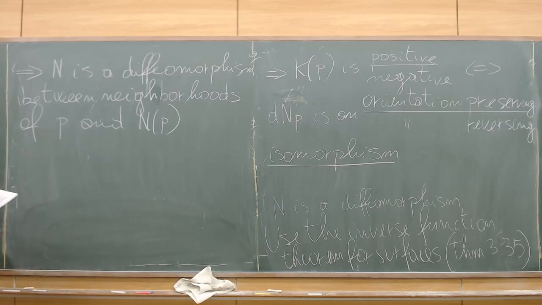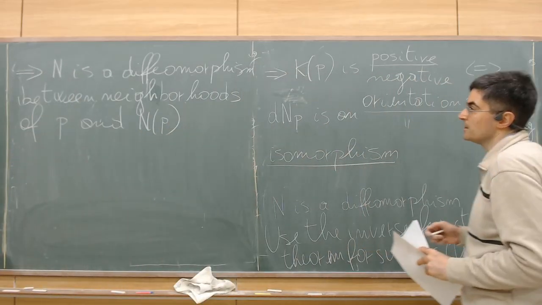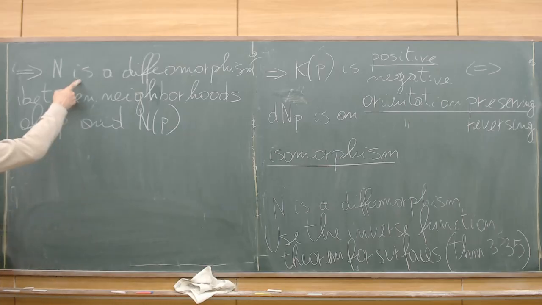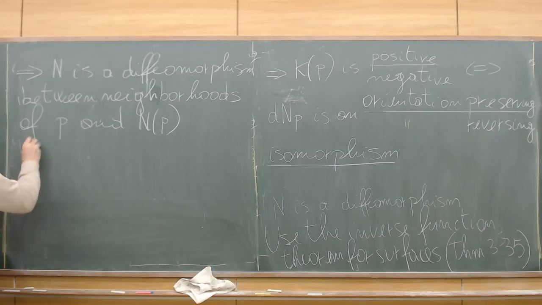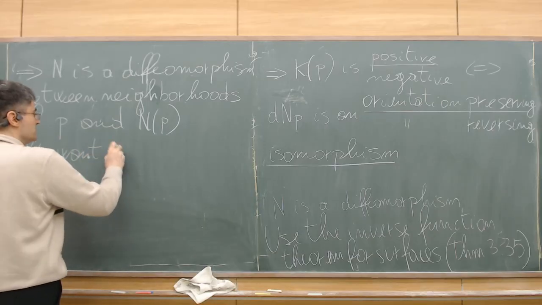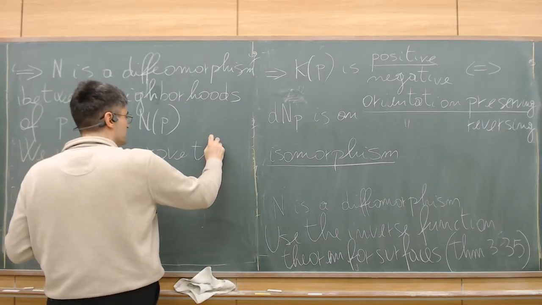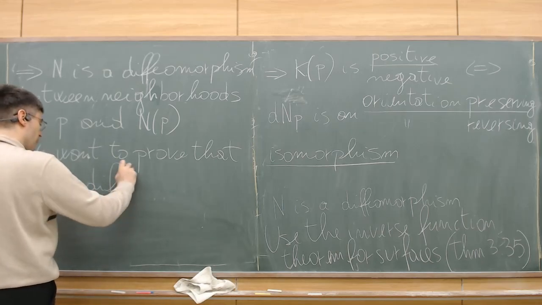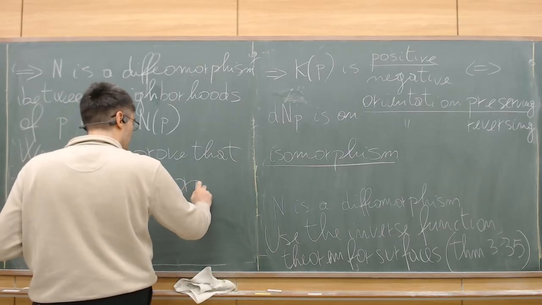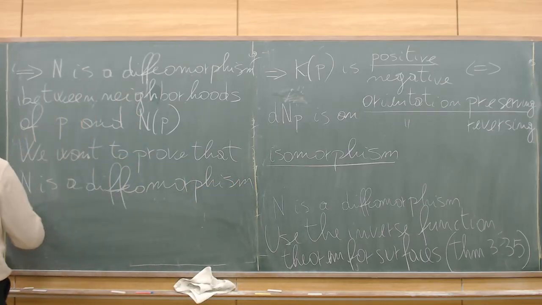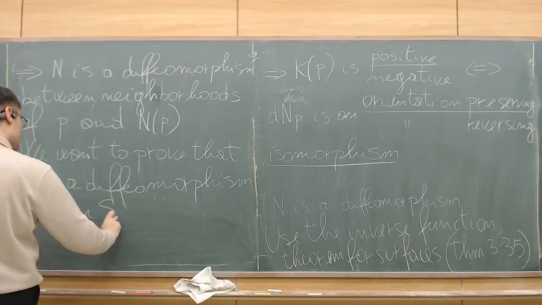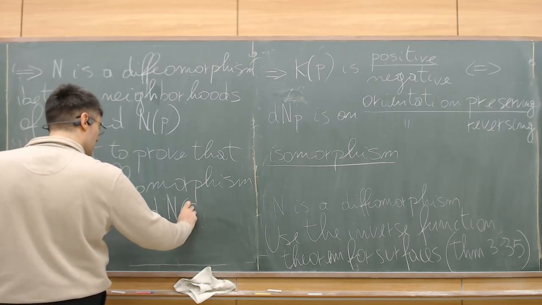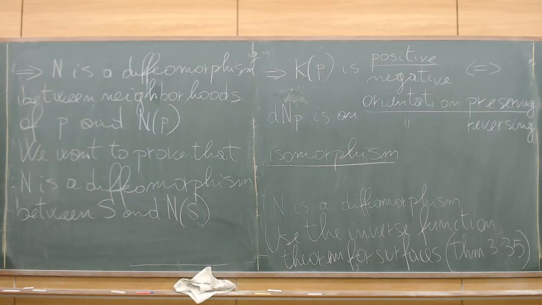Now, the second thing to do is to prove that this is a diffeomorphism not only between neighborhoods, but so we want to prove that N is a diffeomorphism between S and N of S. How to do this?